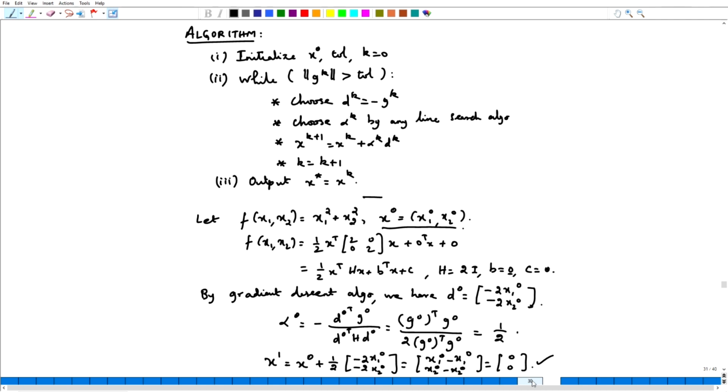So, that tells you that the algorithm is really powerful, because it is very simple. You just chose the descent direction to be the negative of the gradient of f at x k, and since it was a quadratic function, I just chose the exact line search formula for alpha k, and in one step I got the answer.